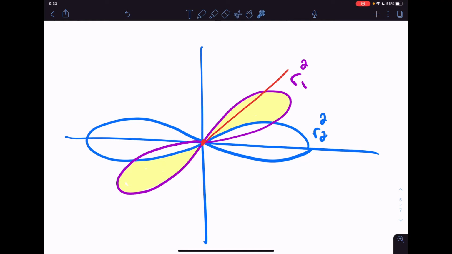Whereas, if we change that ray and made the ray stay right there, notice that we have an outside curve and an inside curve, where the outside curve is R1 and the inside curve is R2. But yet again, if I move down just a little bit more right here, notice that the outside curve is now the blue one, and the inside curve is now the red one.